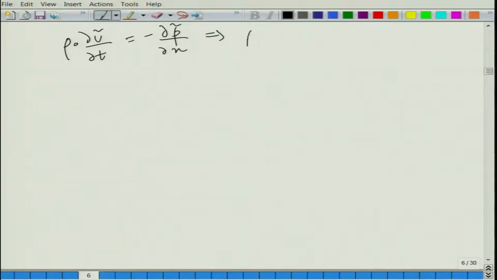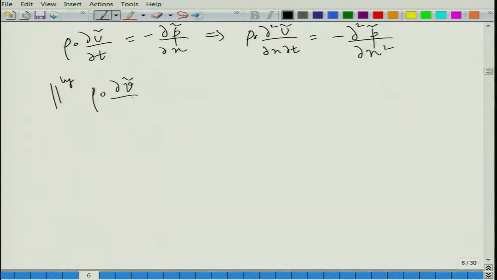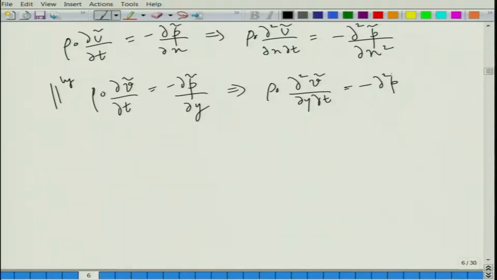So, we get this similarly. And finally, rho naught into this thing is your.